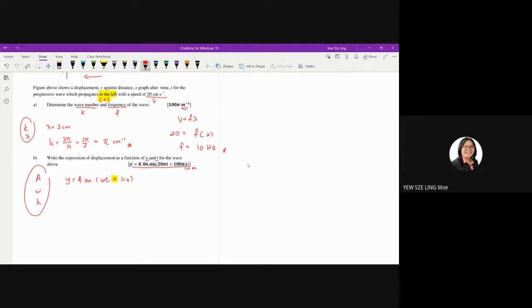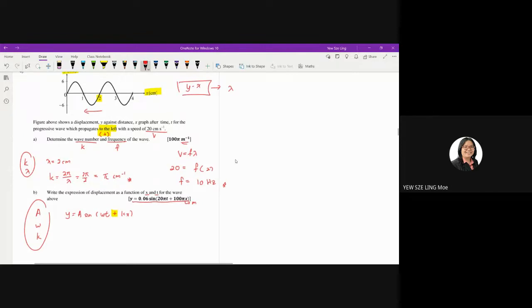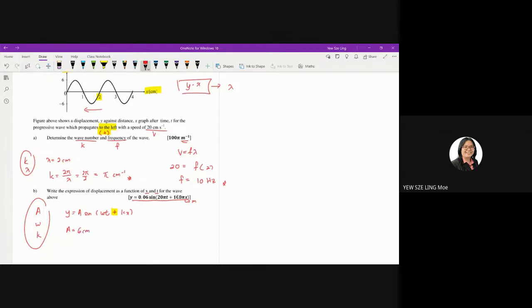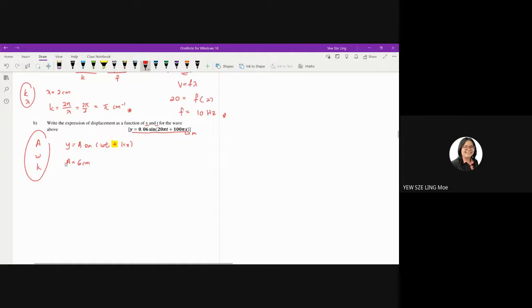Based on the graph, I have amplitude equal to 6 cm. So A is equal to 6 cm. Then I need omega. I don't have omega, but what I do have is frequency. So omega equals 2 pi f, which is 2 pi times 10, which is equal to 20 pi radian per second.